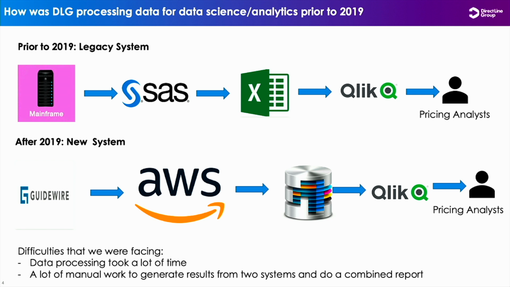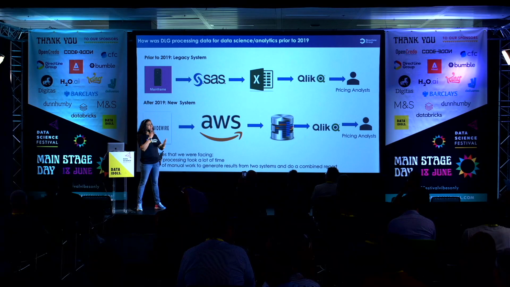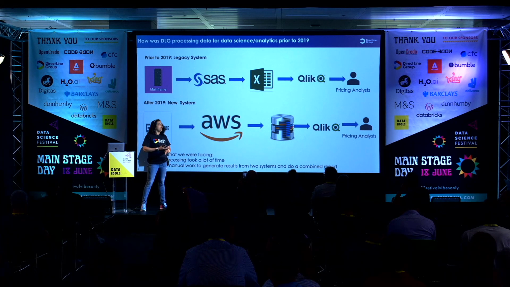From this SAS, any pricing analyst or any MI or data analyst, if he had to analyze and understand what we should do to improve ourselves, they had to either go ad hoc querying on SAS, so they had to be SAS knowledgeable, or they had to generate Excel reports out of it. And later, over the years, we also invested in Click, which is an MI tool that could connect to Excel dashboards that could be generated out of this SAS.